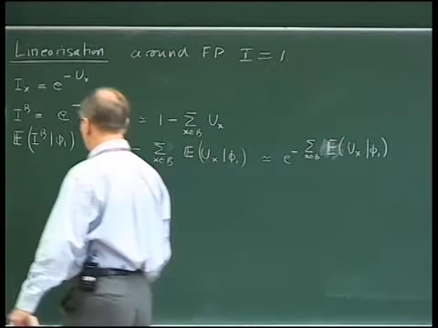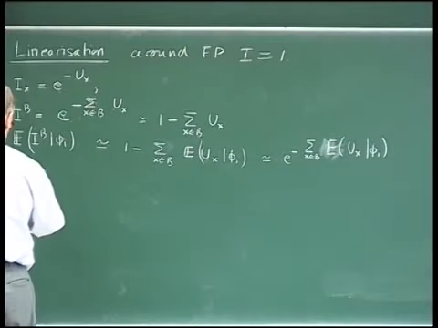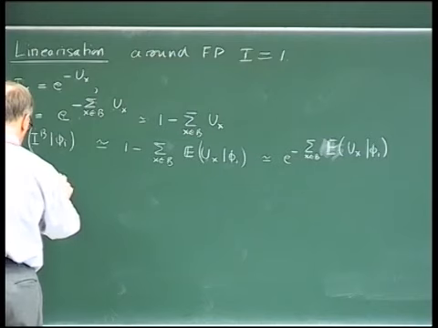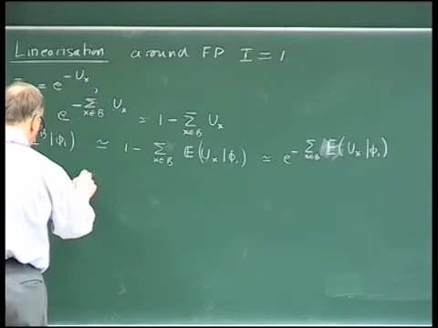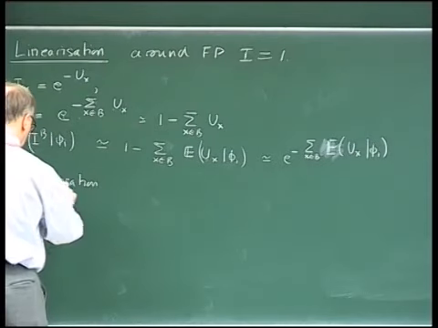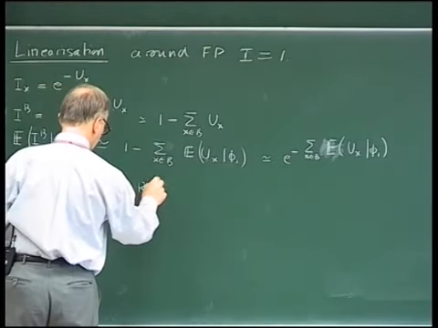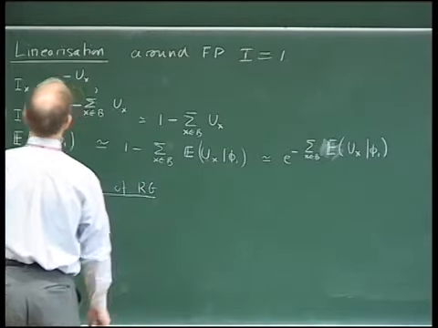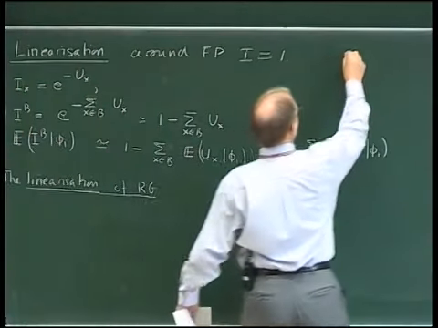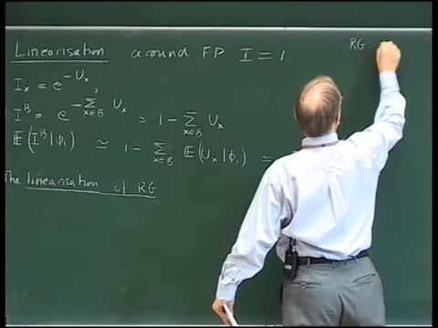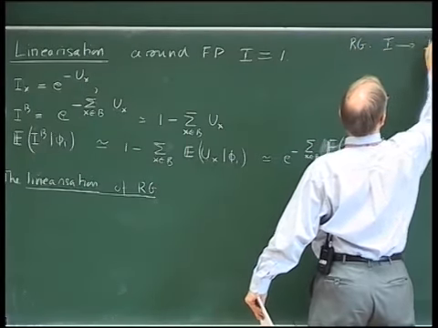So this is a definition. The linearization of Rg. So Rg is the map I goes to I prime.